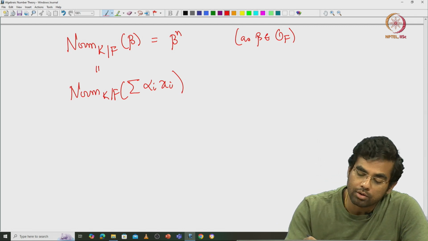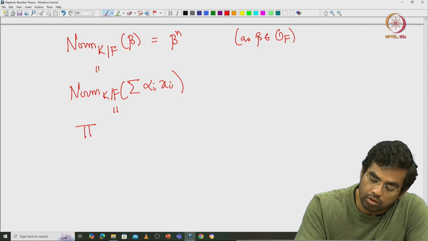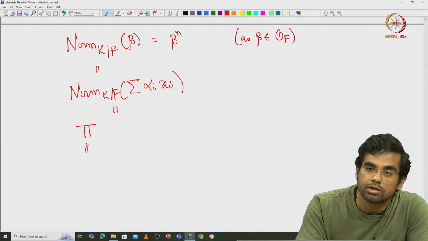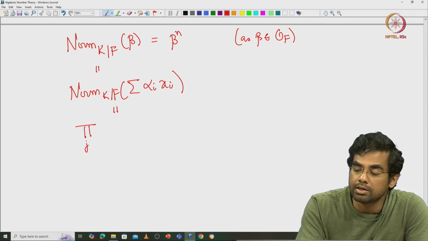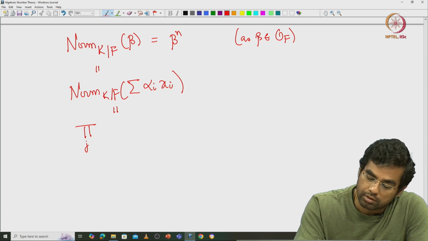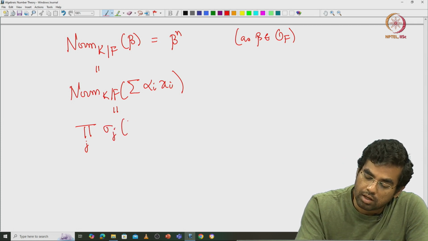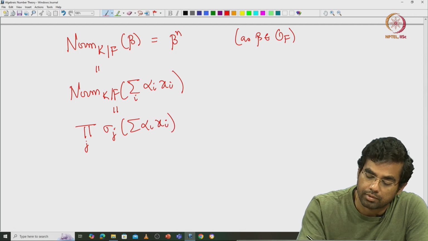So, how do you define norms? We define the norm as a product over j, where j varies over all embeddings of K into the complex numbers that fix F, sigma j of the summation alpha i xi.